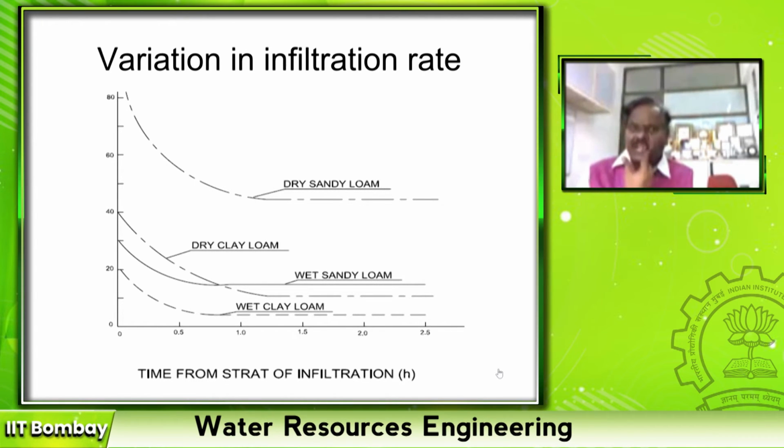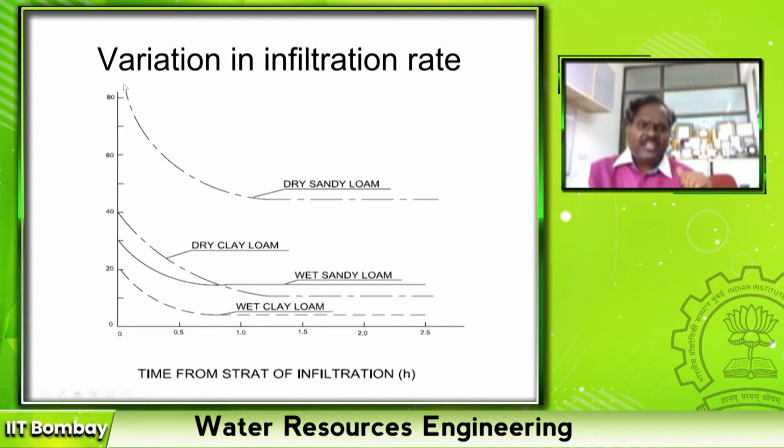So this variation: when the soil is dry, initially the infiltration rate is very high for any given soil type, right? Water enters into the soil at a faster rate, and then it reaches an asymptotic constant value after a certain time period, and this constant value is called the basic infiltration rate.